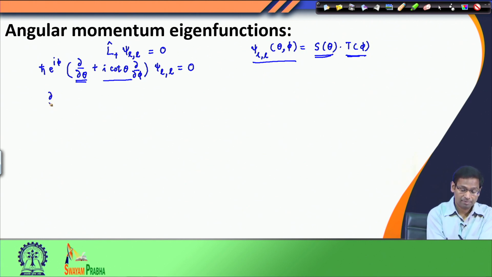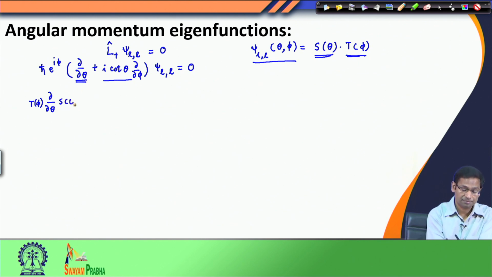So, when I differentiate this function with respect to theta, I see that I have s of theta and t of phi. So, t of phi will be independent of this differentiation because I am doing a partial differentiation with respect to theta.